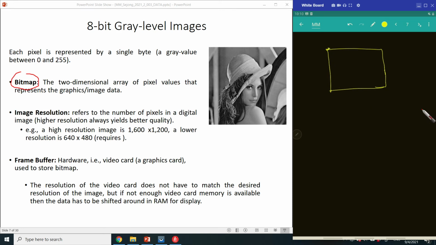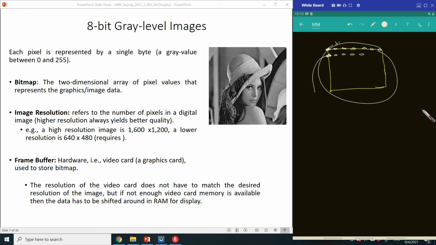Each point we are considering here is one pixel or one bit. These kinds of graphics or image data we call a bitmap. A bitmap means we consider each pixel as a bit, a collection of pixels, dots or points organized in two dimensions. So that's the idea of a bitmap.